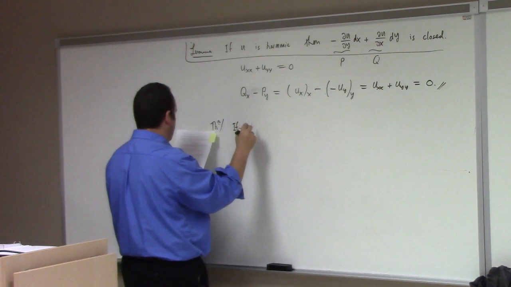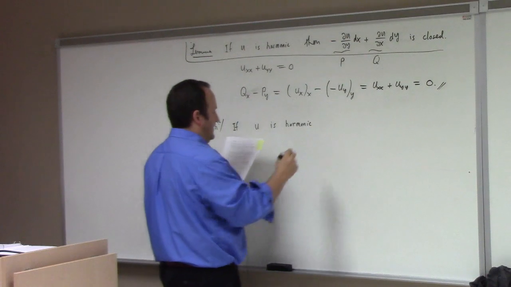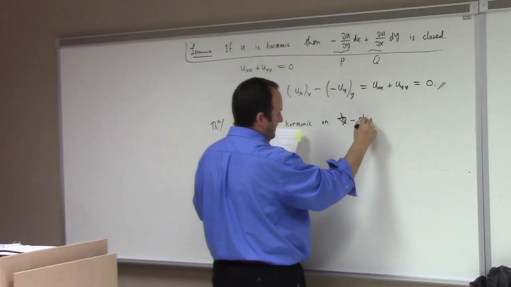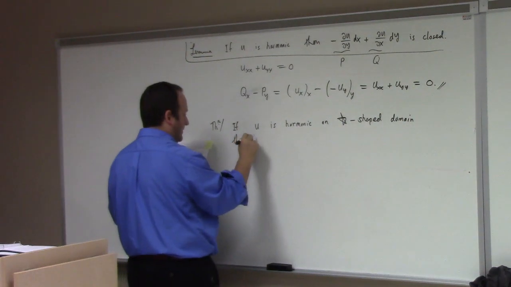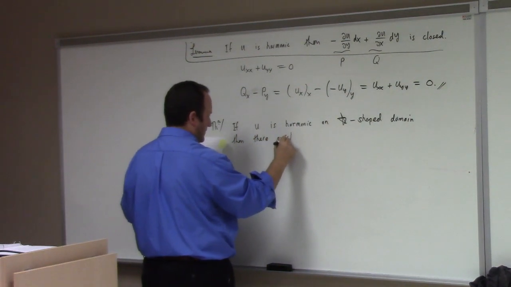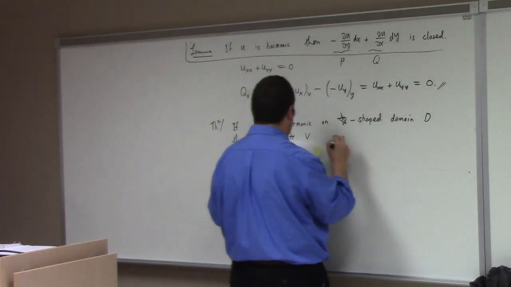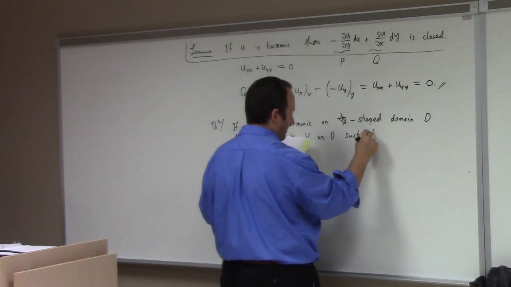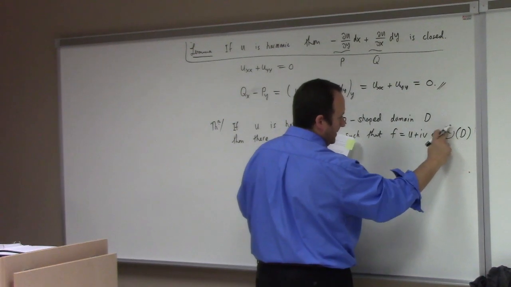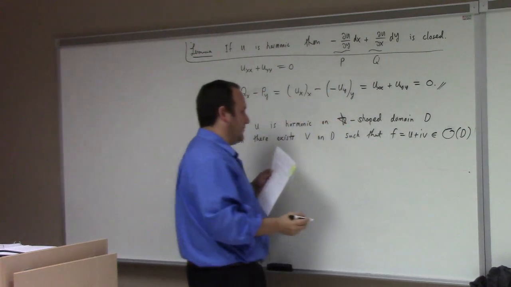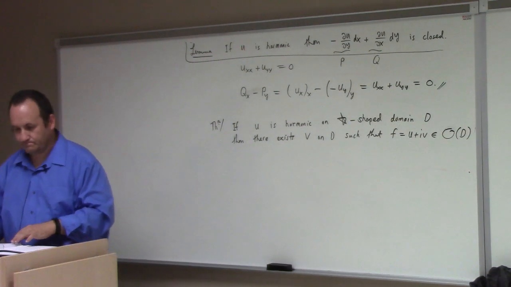Theorem. If U is harmonic on a star-shaped domain, all right, then there exists V of xy, and let's call the star domain D. There exists V on D such that F equals U plus iV is holomorphic on D. In other words, what I'm saying is that V is the harmonic conjugate, right?